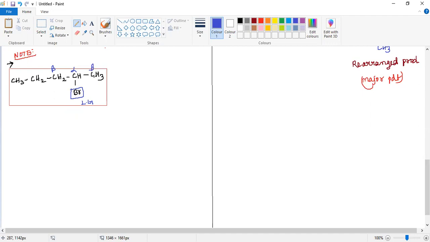So that means it belongs to the secondary alkyl halide, isn't it now? In a secondary alkyl halide, what is the beta carbon? It is again secondary. The beta carbon is again secondary.